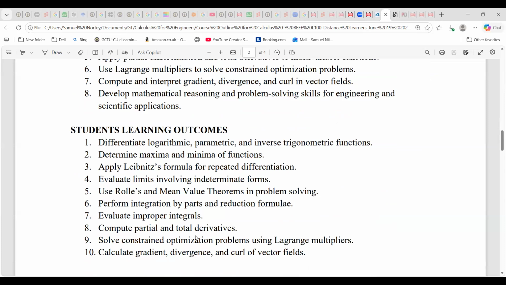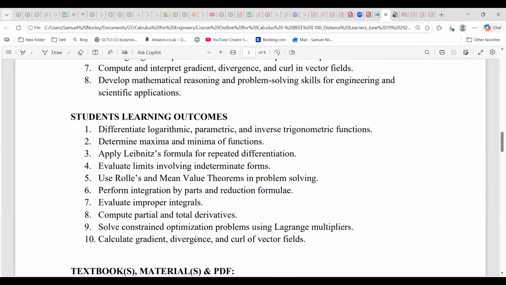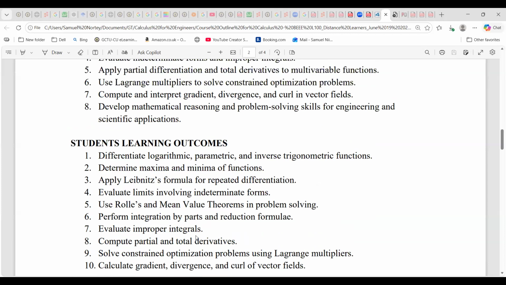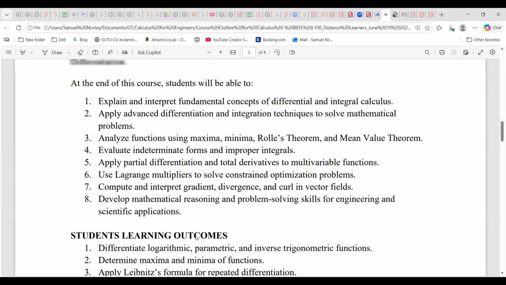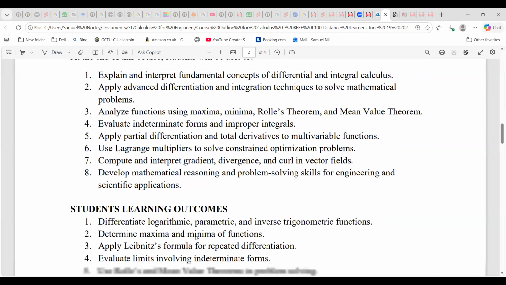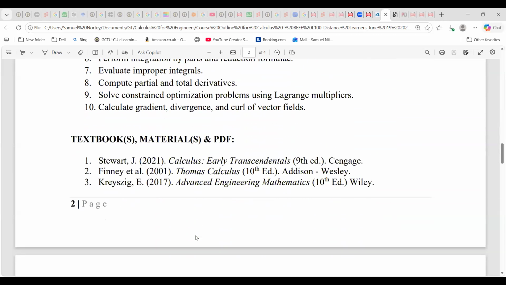Evaluate limits, including indeterminate forms, mean value theorem, perform integration, evaluate improper integrals, compute partial and total derivatives, solve constraint optimization problems, and then calculate gradient, divergence and curl vector fields. So these are the learning outcomes, and these are the course learning outcomes as well.